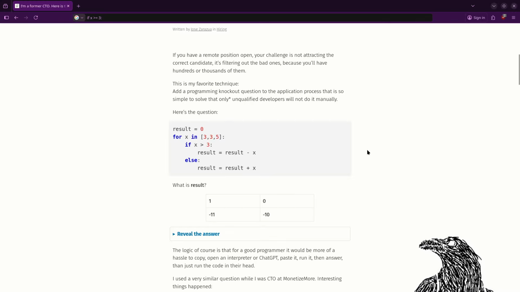A lot of these jobs, for the employee side, a lot of people, they see that they have to send like 1,000 applications just to get one job.